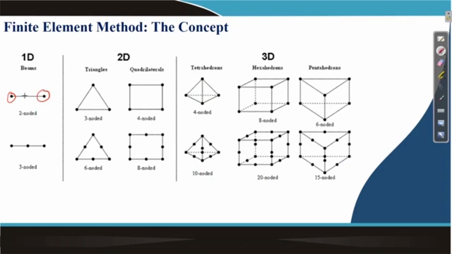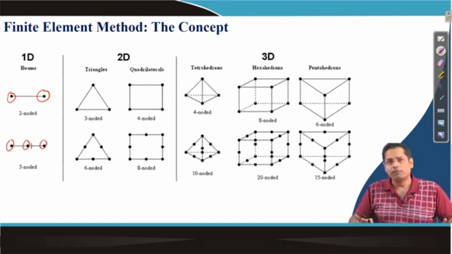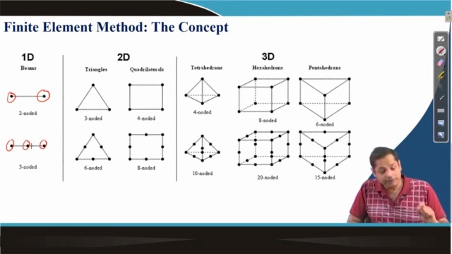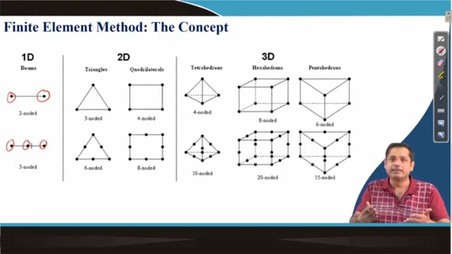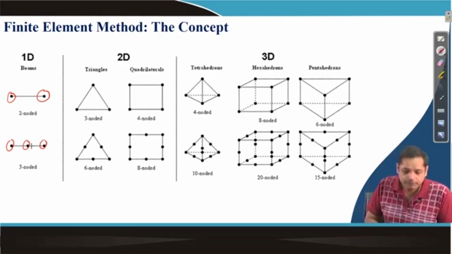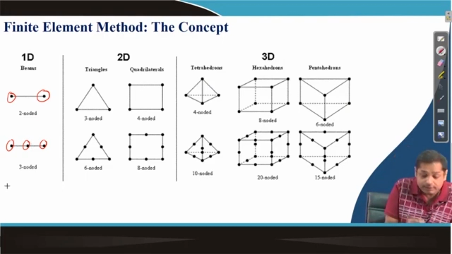Similarly, for a 1D problem, we can have three-noded elements as well. You do not have to bother right now, in the very first week, about why two-noded or why three-noded. Those things we will discuss as we move on.